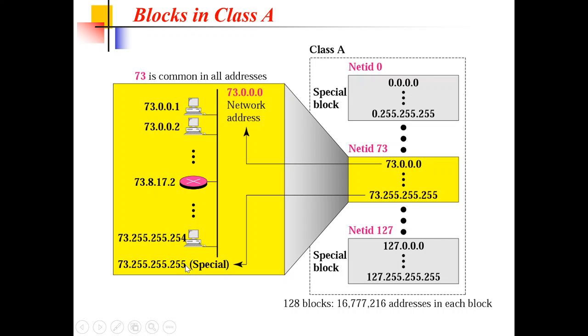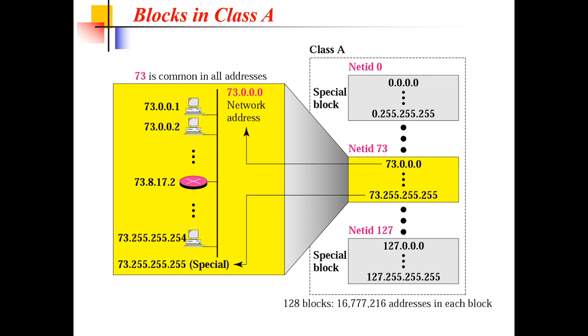Likewise, the last IP address for that particular network will be 73.255.255.255. So for class A there are only 128 networks, but for each network you can have so many hosts.